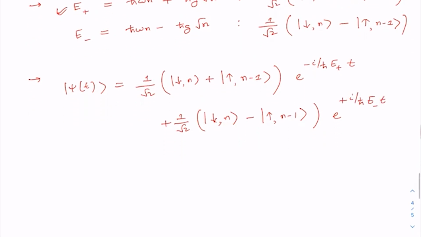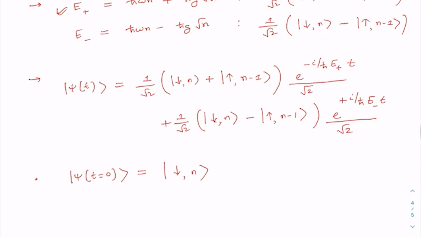Now please note that if this is the correct expression, we should be able to get, at time t equal to 0, our originally prepared state, that is the atom in the ground state and n number of photons in the field mode. If you check it, we can recover it provided we put here in the denominator square root of 2, and here also square root of 2.